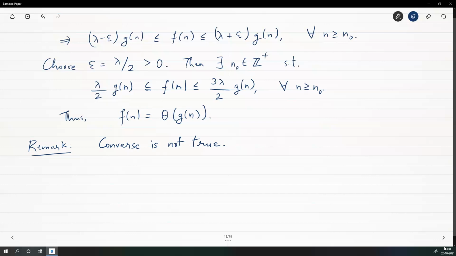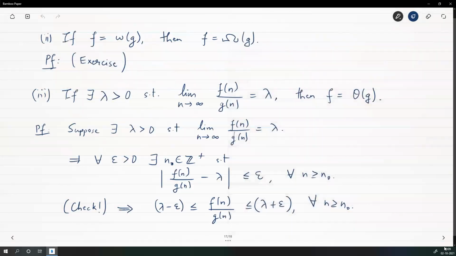First of all, the converse of which statement? Of this statement, property 3 that we just proved. This statement says if there is a lambda, positive, such that the limit as n tends to infinity of f n by g n is equal to lambda, then f is theta of g. I'm saying that the converse of this statement is not true.